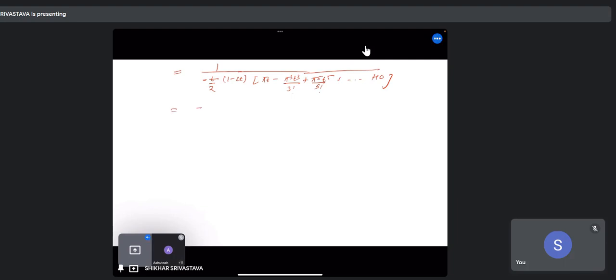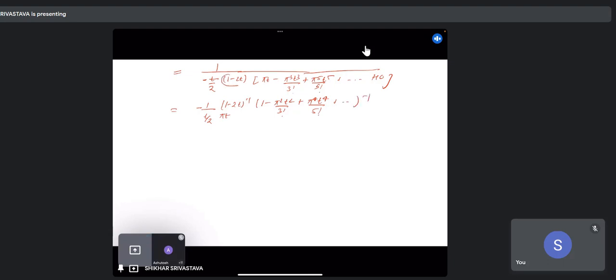Because your aim is to find the highest negative power, keep t inside and take 1 minus 2t, and from this take pi by t common, so you're left with 1 minus pi square t square by 3 factorial plus pi 4 t4 upon 5 factorial.